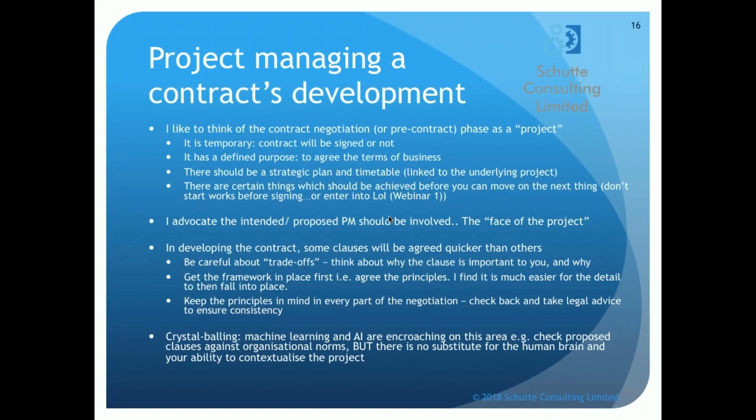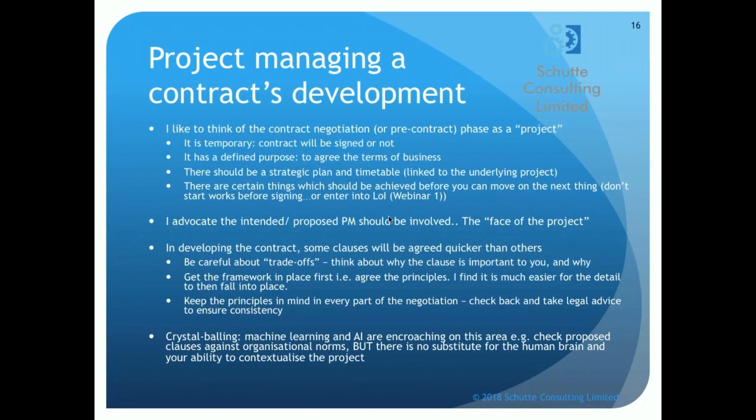Whatever software and AI is out there is not going to take over your abilities for a long, long time. I would also say that for me is another reason why it's really important for project managers to ensure that they do learn lots about contracts and get involved in a little bit of the basics of contract law. Whatever happens in the AI area is not going to change any of that.